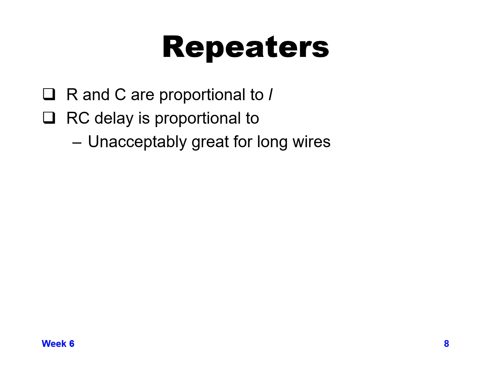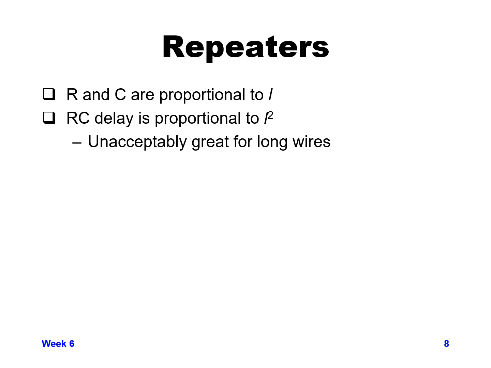This means that when you do the RC time constant delay, or RC product delay of the wire itself, it is going to be proportional to the square of L. So each R and C are proportional to L. You multiply them together and you get L squared.